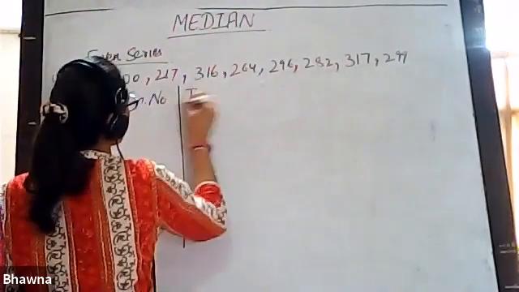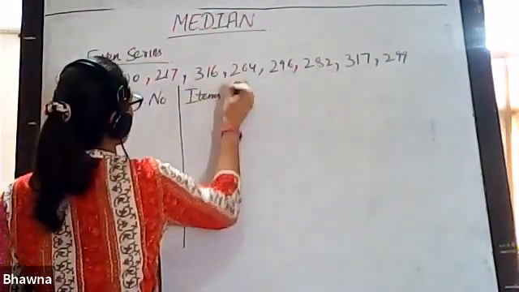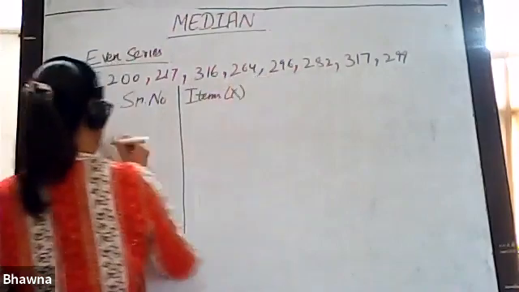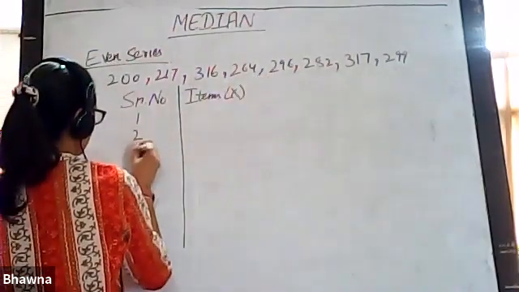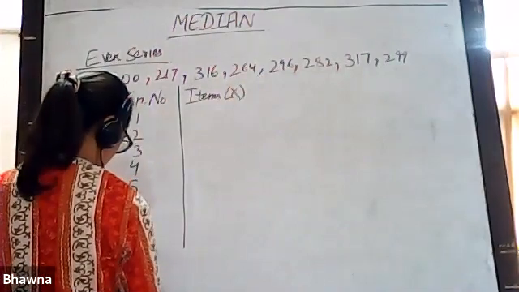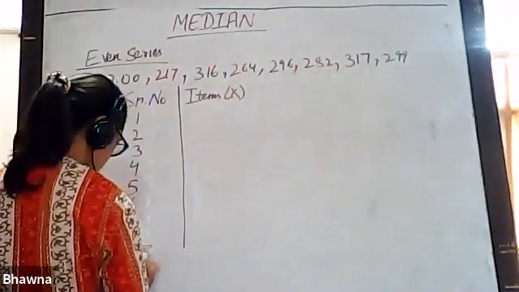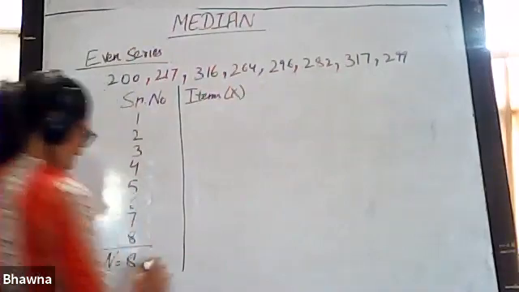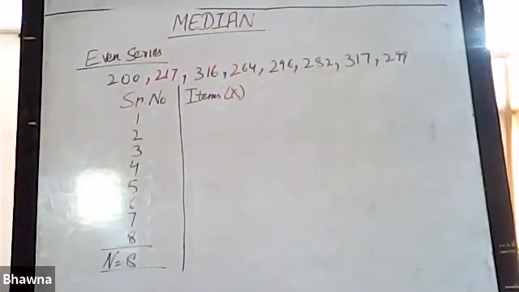These are all the 8 items denoted by X, 1 to 8, and N is equal to 8. The number of observations, or the number of items, is equal to 8.